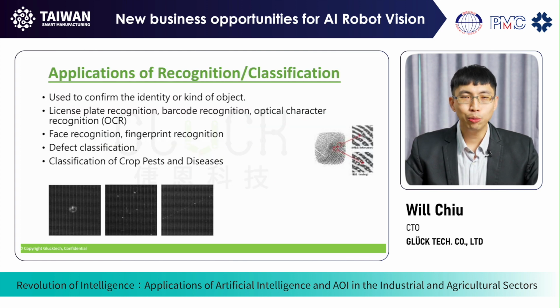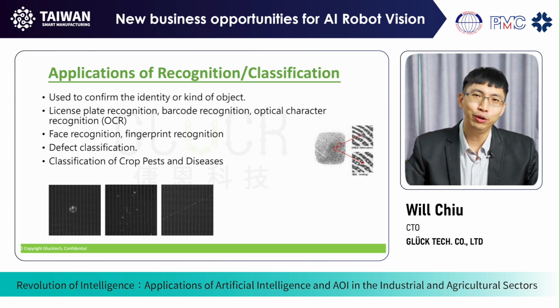In this slide, I will show you the application of recognition and classification. This function can be applied to license plate recognition, barcode recognition, or OCR, facial or fingerprint recognition, as well as agricultural pest identification. The operation of AOI recognition is similar to human vision, but with greater speed and accuracy.